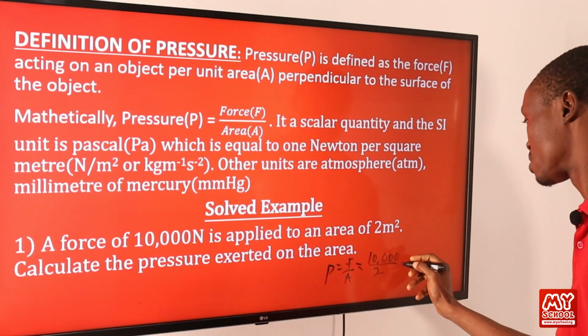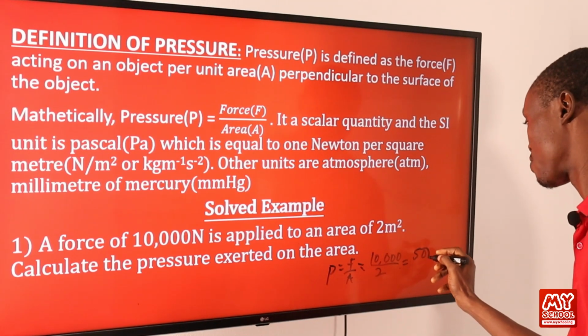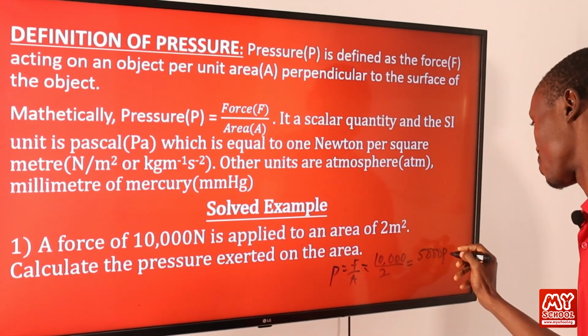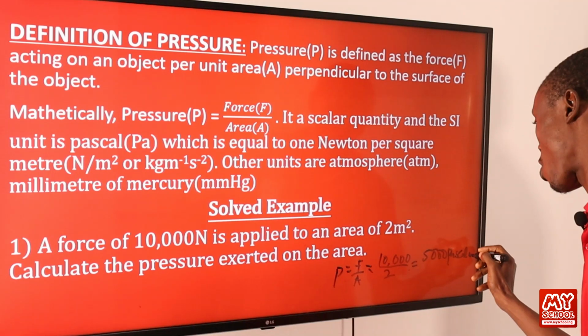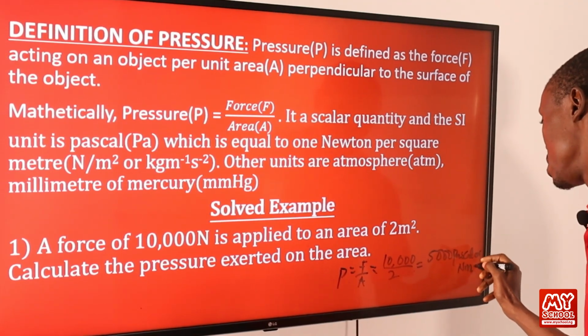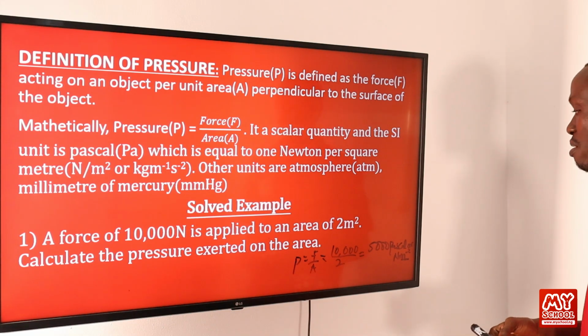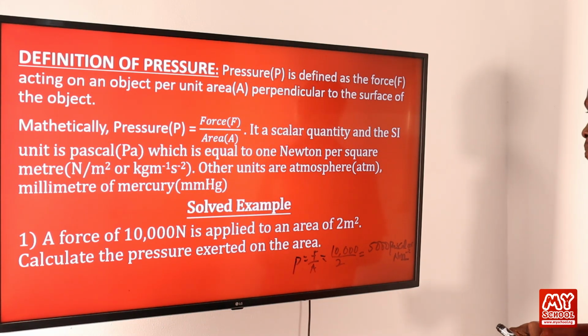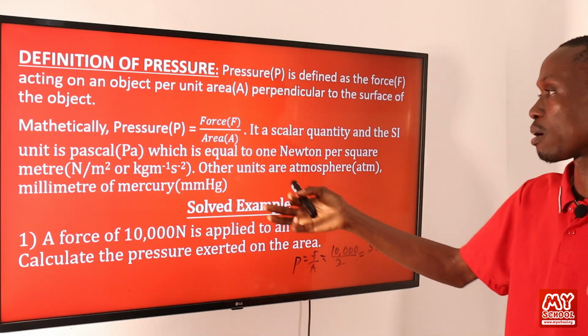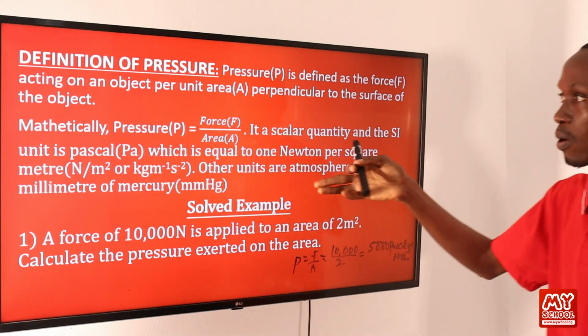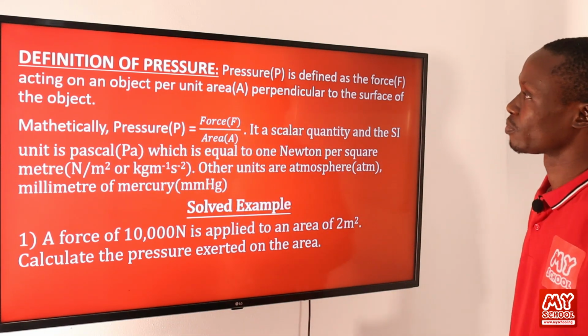If we divide, this will be equal to 5,000 Pascal, or Newton per meter square. So the pressure exerted on the area is equal to 5,000 Pascal or Newton per meter square. The Pascal is denoted by Pa. Let's move to the next slide.